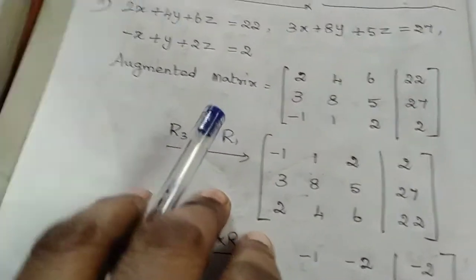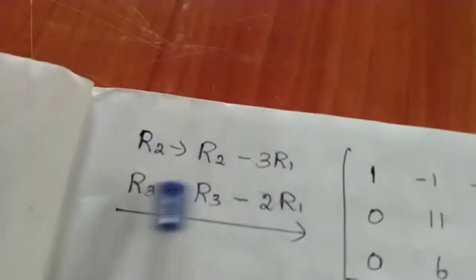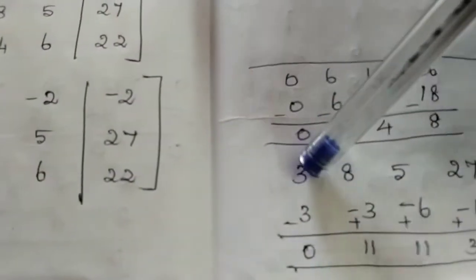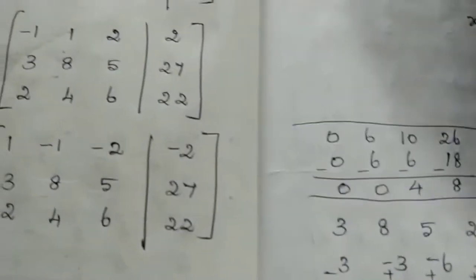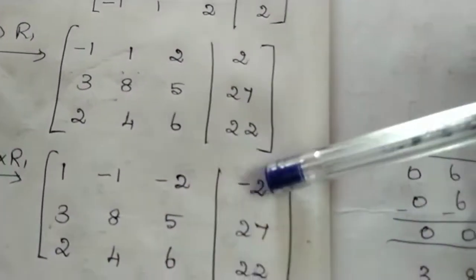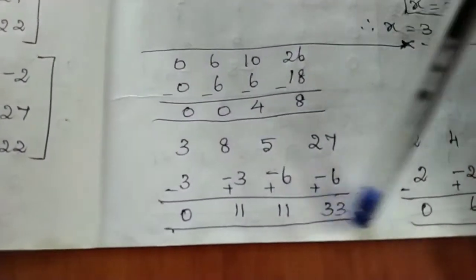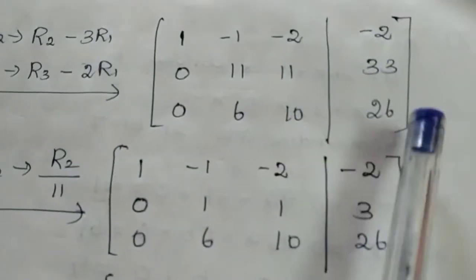That means R2 implies R2 minus 3R1. Next, here R3 implies R3 minus 2R1. Now R2, right, R1 multiplied by 3, and simplify, subtract, 0, 11, 11, 13.